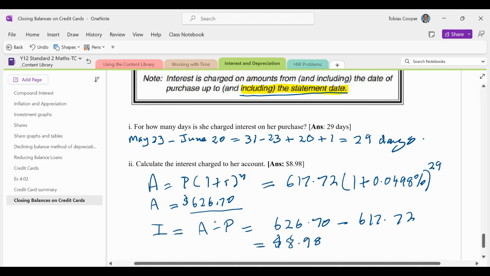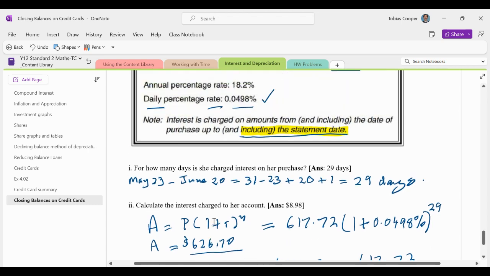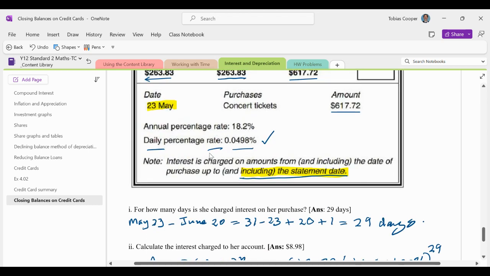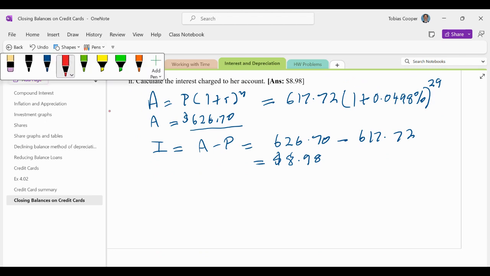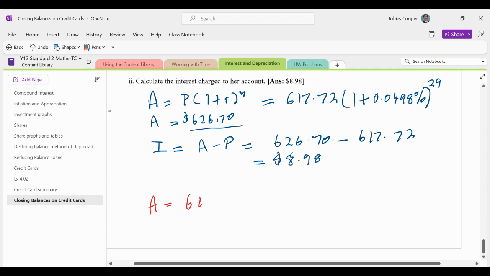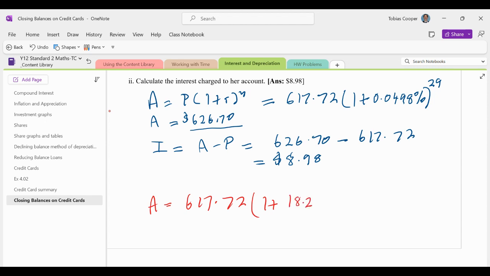Now just a little aside here. You can see on the statement you've got 18.2% as your annual interest rate. If you did your calculation again, so if you did 617.72, 1 plus 18.2% on 365, to the 29, you'll get a slightly different answer because this interest rate here is actually the rounded version of this.